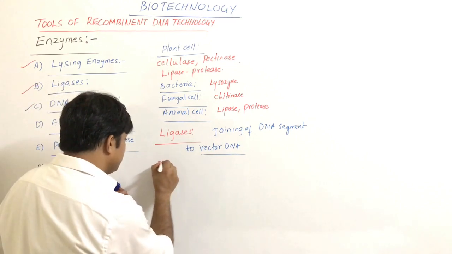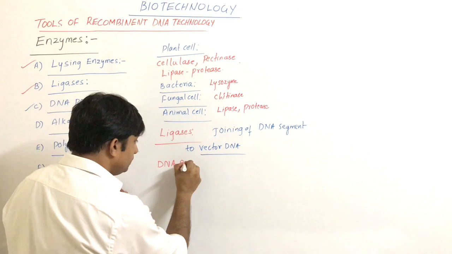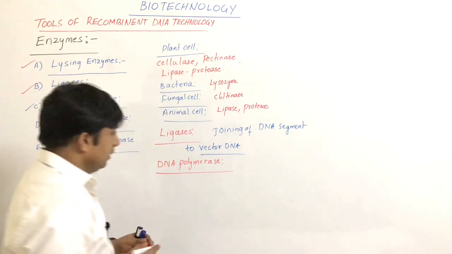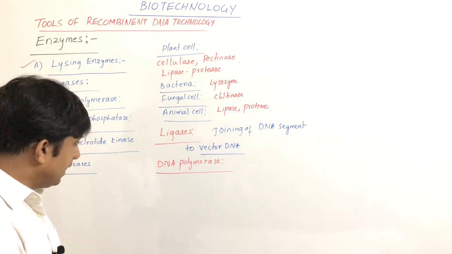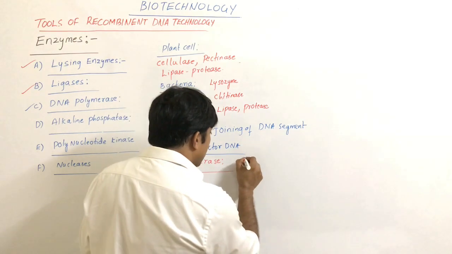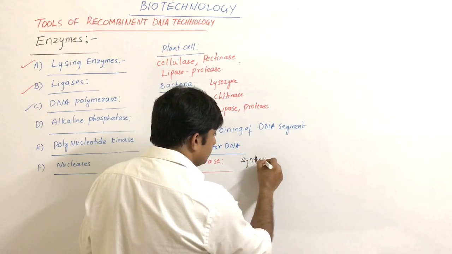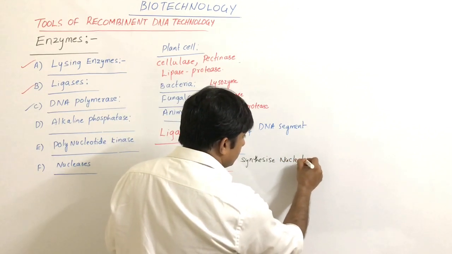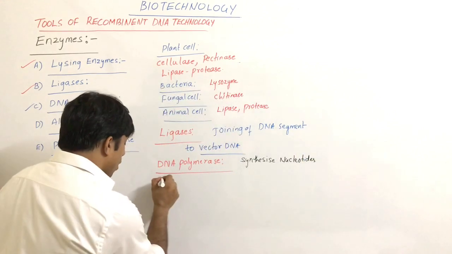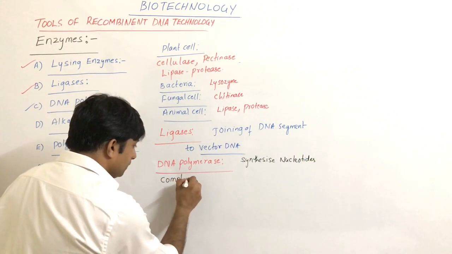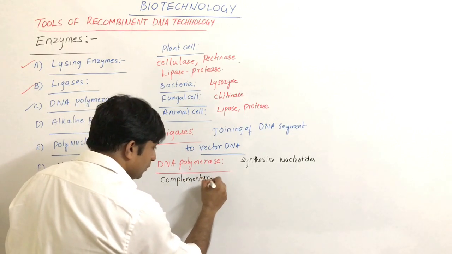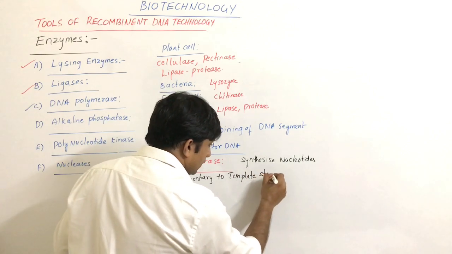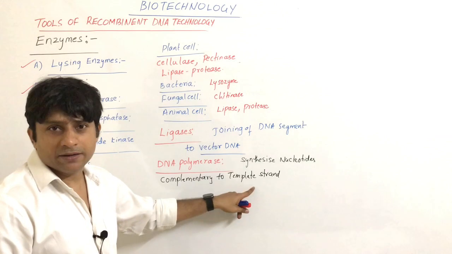DNA polymerase is an enzyme which synthesizes nucleotides complementary to the template strand.